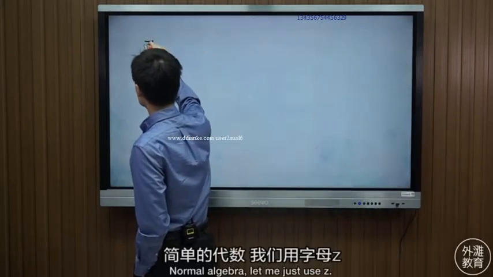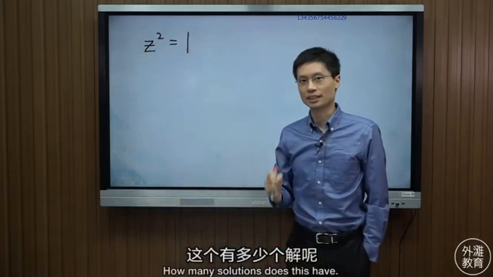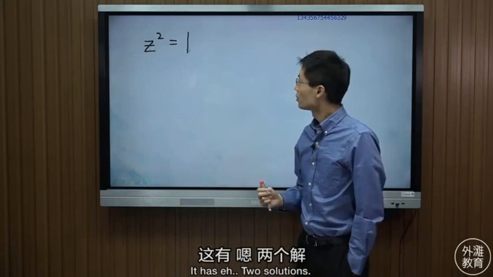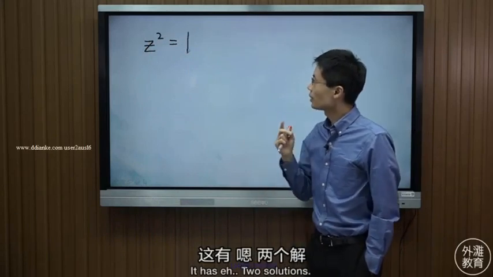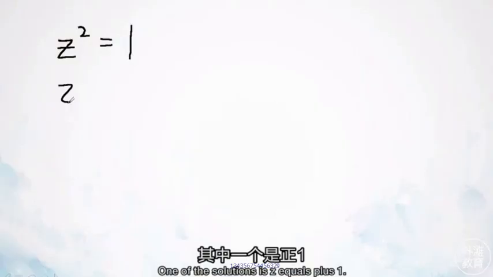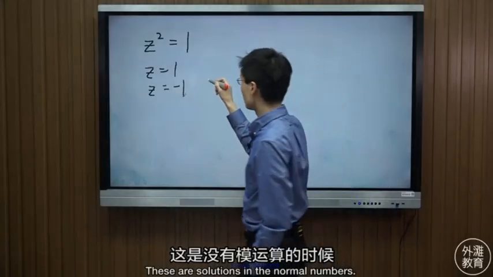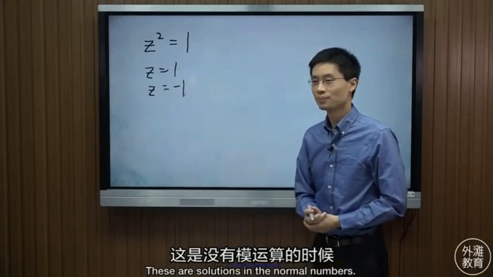Normal algebra, let me just use z. How many solutions does this have? It has 2 solutions. One of the solutions is z equals plus 1, and the other solution is z equals minus 1. These are solutions in the normal numbers.